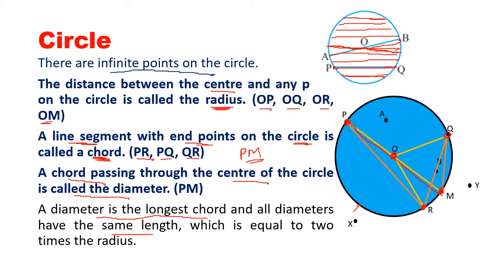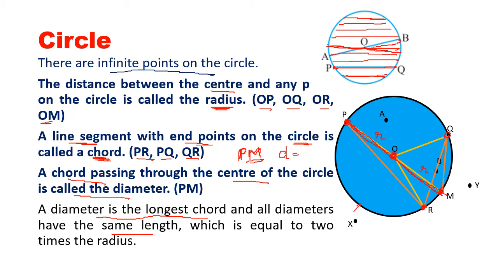Let us see what is the length of the diameter. So here we have PM, a diameter. Let us call the diameter d. What is d equal to? You can see OP is equal to r, the radius. Even OM is equal to r.